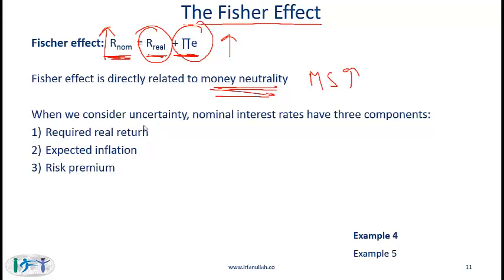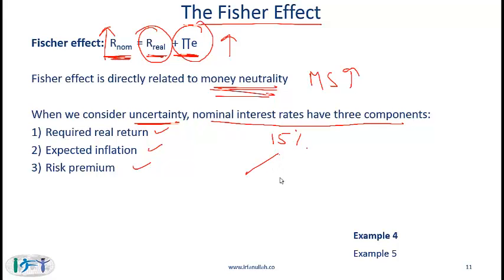When we add an element of uncertainty to our investments, then we can say that nominal interest rates have three components: the required real return, expected inflation, and risk premium. This connects with material that you see in quantitative methods and fixed income, but the idea is straightforward. Let's say that we invest in a corporate bond where the return is 15%.